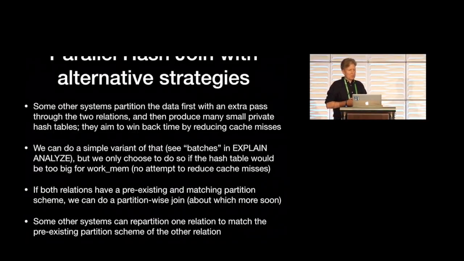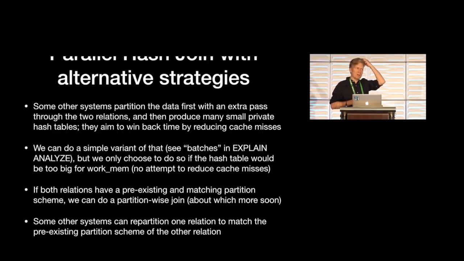Okay, so there's some other ways you can do hash joins in parallel that you can see in some other database systems. I'm not going to go into great detail due to lack of time, but there are some other systems that basically partition the data up front in order to work on different partitions within different backends. That approach may or may not be better.